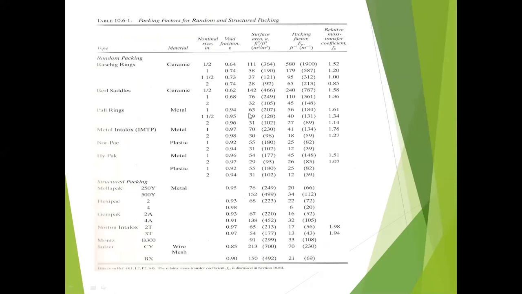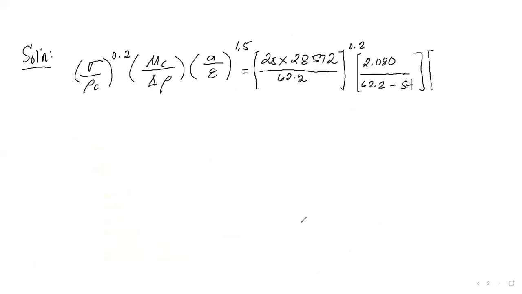So we're going to use 63 and 0.94 because we're dealing with English sets of units. So 63 for the surface area and 0.94 for the void fraction. So let's go back. So you will have here 63 divided by 0.94. And you will raise this to 1.5. The corresponding value that you will be getting here for the y is 902.8.